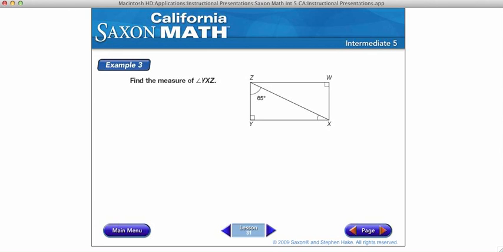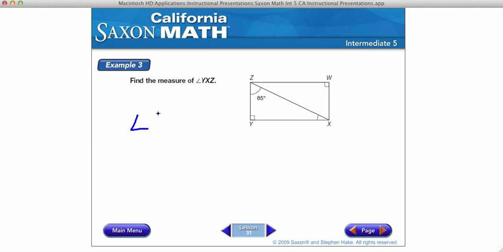Okay, example 3. Find the measure of angle YXZ. Now, what exactly does that mean? When we see this symbol, it means angle.